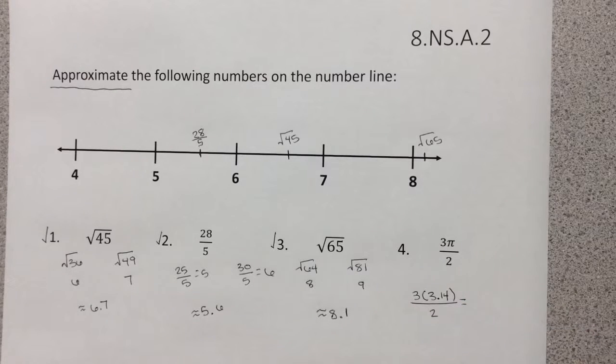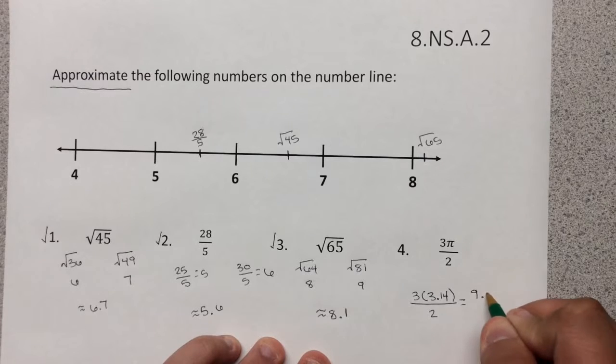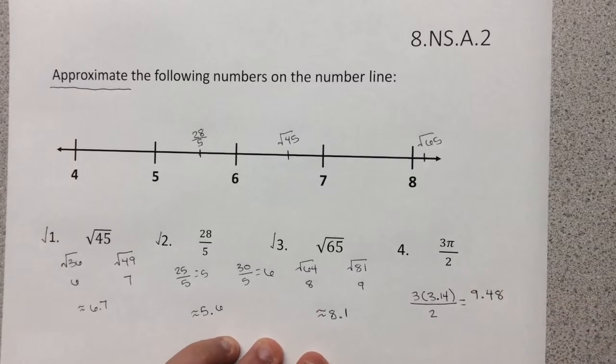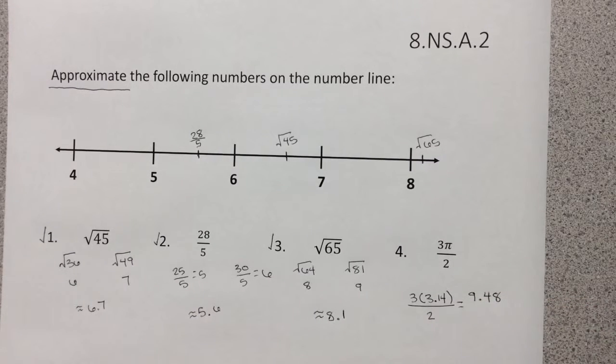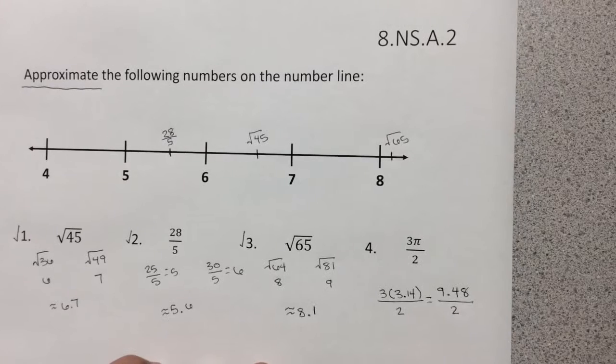Now again, if you didn't have pencil and paper, you might not work this out exactly the way I'm doing it, but mentally, we want to do this as fast as we can. So 3 times 3.14 is going to give us about 9.48. Again, as long as we know it's close to 9.5, we're in really good shape. So what we are doing, we are dividing that by 2. So now we want to approximate this fraction.